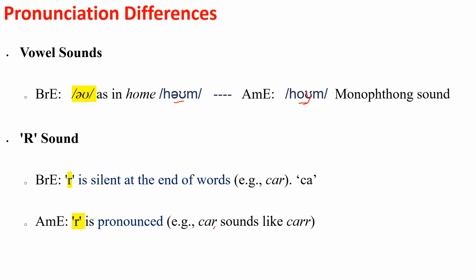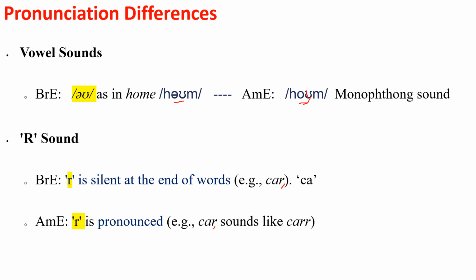In British English, R is silent at the end of a word or at the end of a syllable. R is also silent after a vowel and before a consonant. For example, arm.